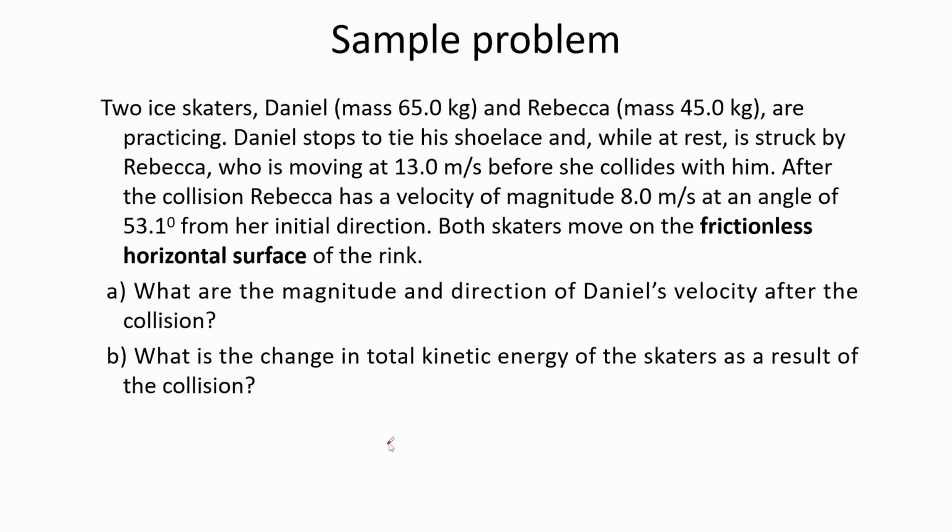So, let's go. You have two ice skaters, Daniel, 65 kilograms, and Rebecca, 45 kilograms, who are practicing. Daniel stops to tie his shoelace, and while at rest, is struck by Rebecca, who is moving at 13 meters per second before she collides with him.